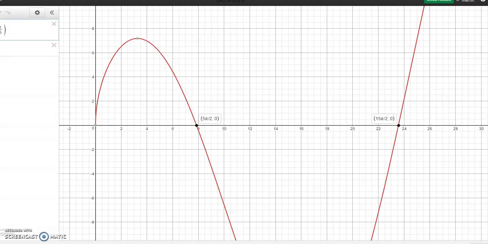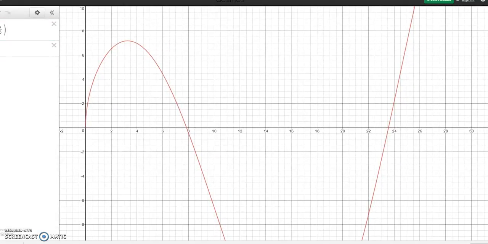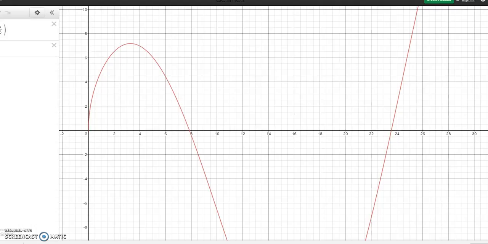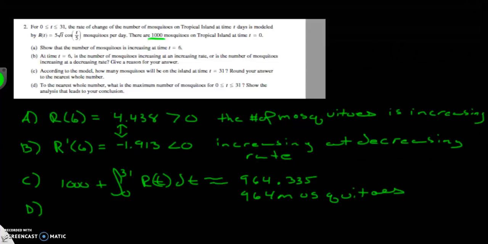And I also pointed out where it has the critical points, which is at 5π/2 and 15π/2. Now, one thing that I want to point out is this part of the graph is above the x-axis, so it's increasing then decreasing. So this is a max. This is a min.